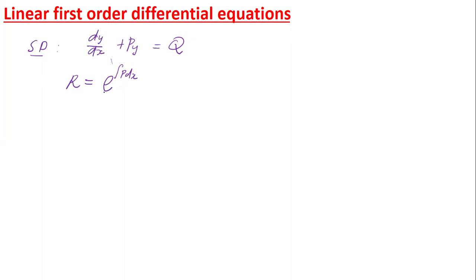After integrating this, and then after determining the integration factor and knowing the value of q, I'm not going to go too much into the details because I just want you to learn how to solve these things.